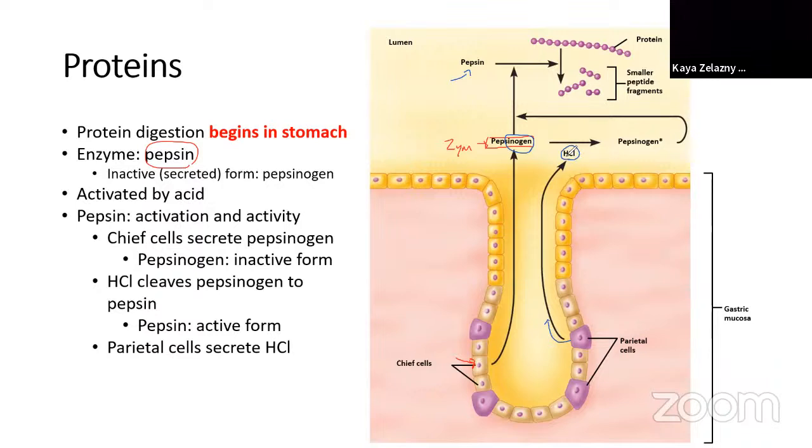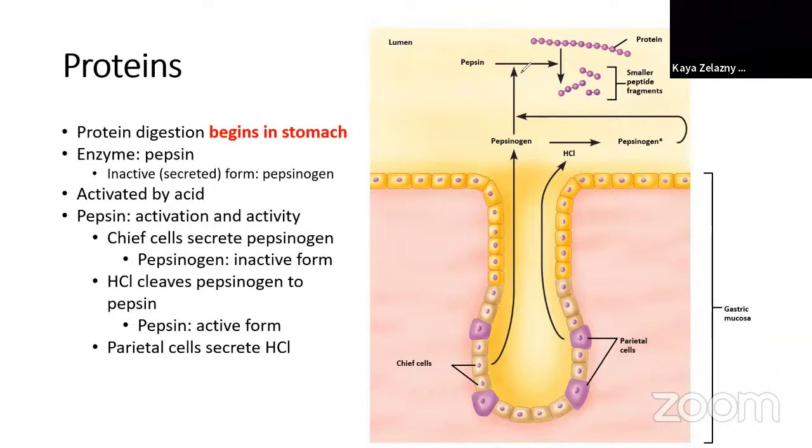So that's our stomach acid. That hydrochloric acid breaks up or reshapes the pepsinogen enough that it activates it into pepsin. Now the pepsin can then get to work and start to break up our protein into smaller peptide fragments.